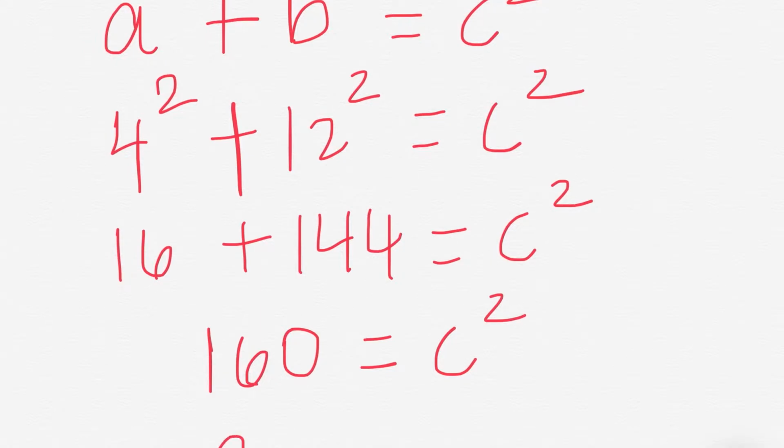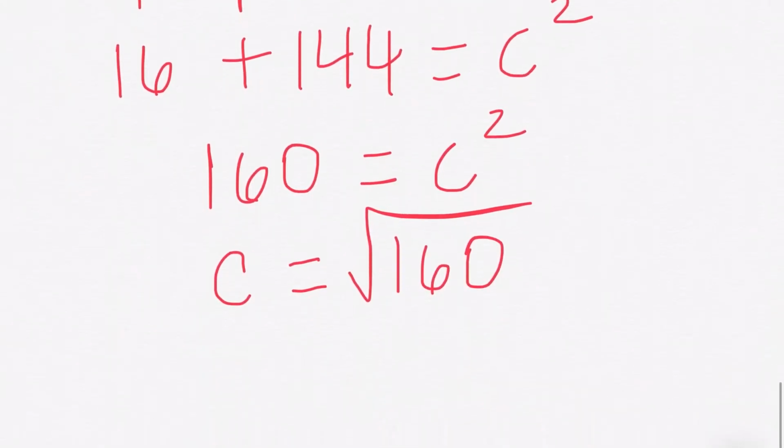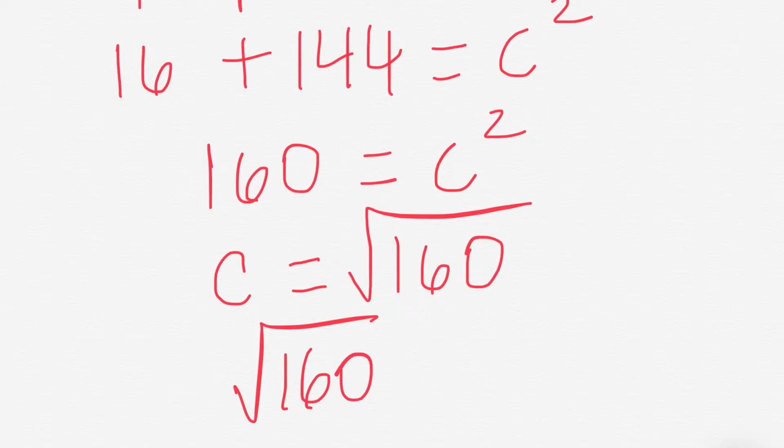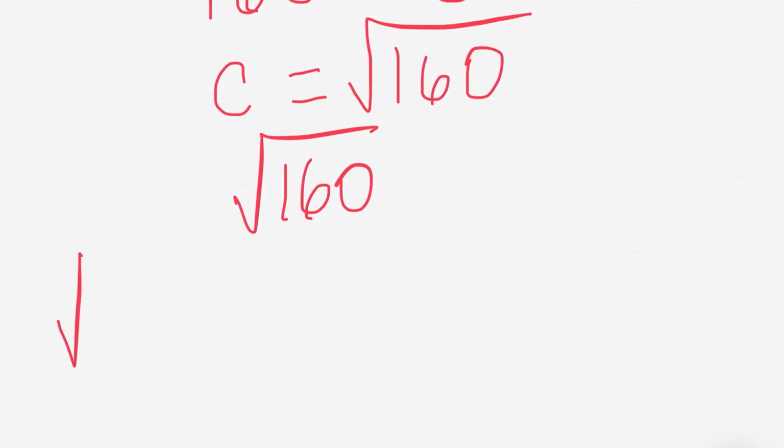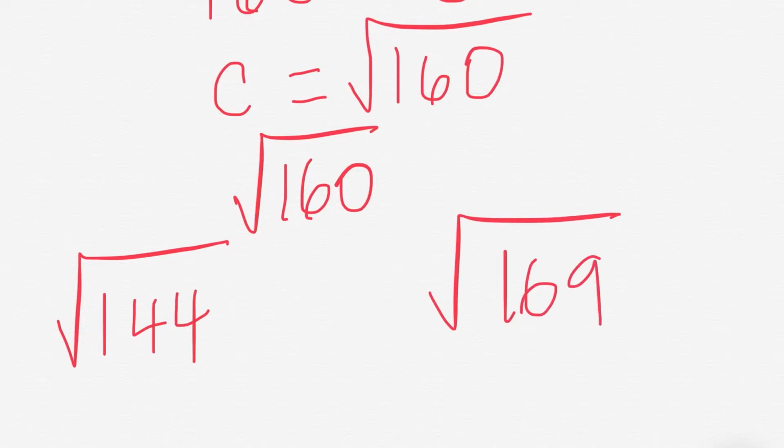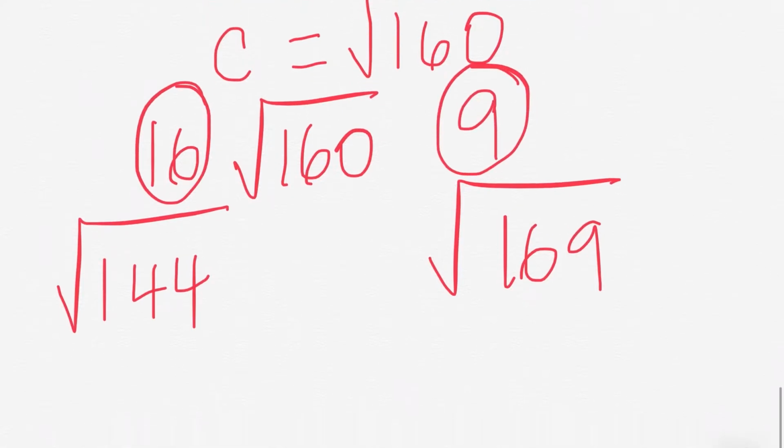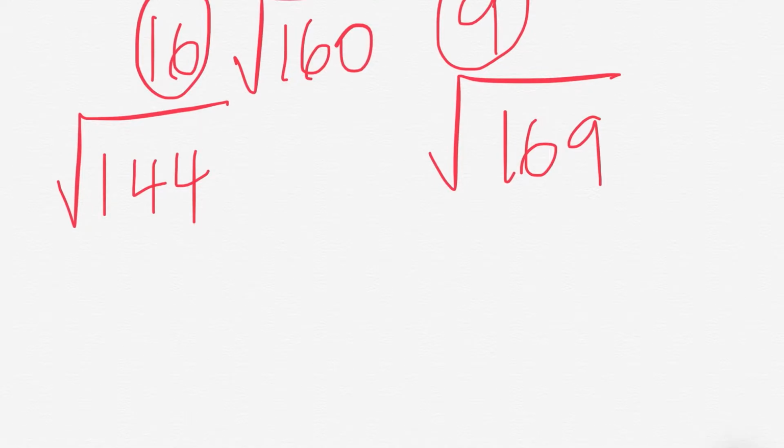Now we have to find the square root of c square, which is square root of 160. Now 160 comes in between 144 and 169, which is 16 away from here and 9 away from here, which is in the ratio 16 is to 9.